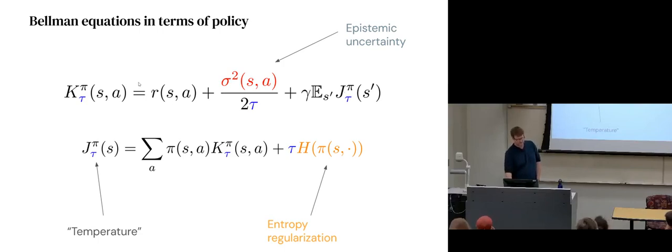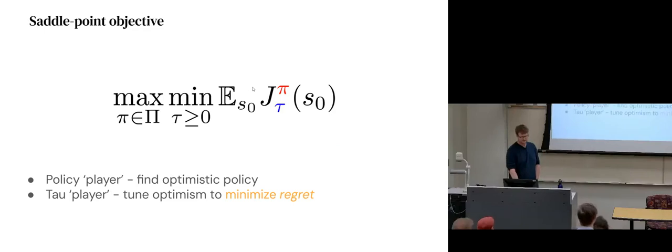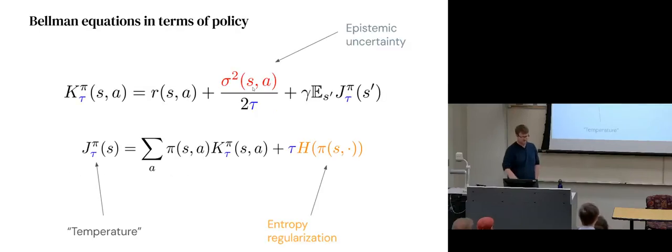So the Bellman equations in terms of a policy for this epistemic risk-seeking value function are very similar, except instead of this log sum exp, the softmax, you just have whatever your policy is, like your expected value of the action values, but you also pick up an entropy regularizer, and you still have this bonus in the epistemic uncertainty. Okay, so what we're going to do is maximize these values over the policy.